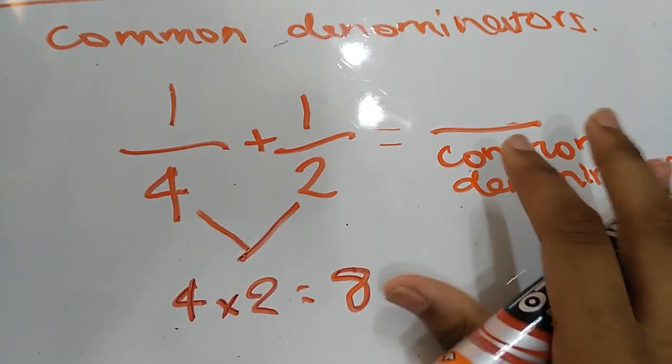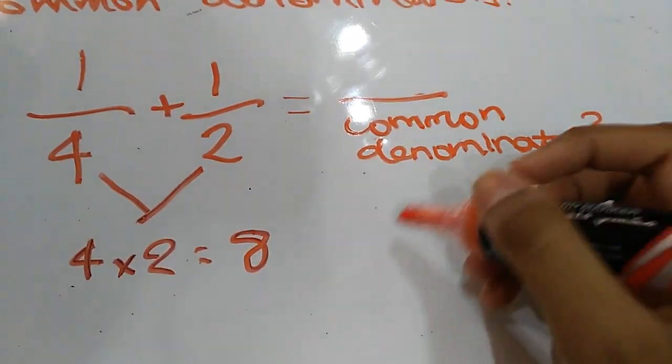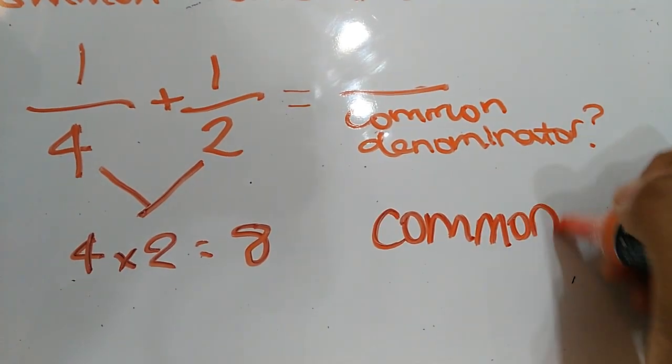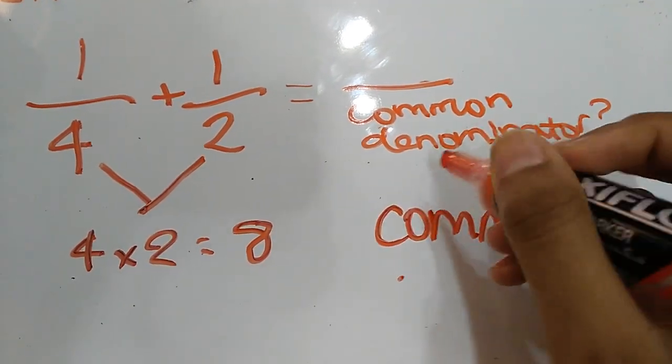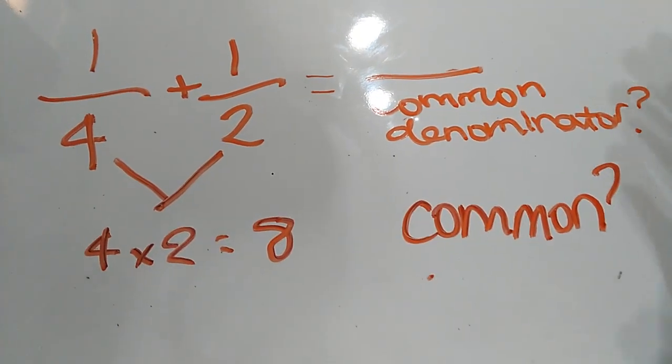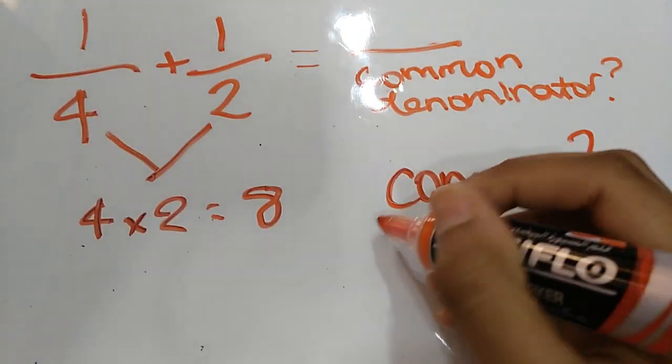But before we get into that, let's have a look at what common denominators mean. What does a common denominator mean? Well, it's all to do with factors and multiples.